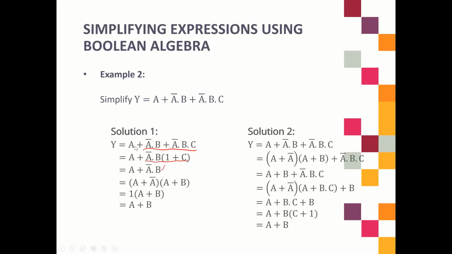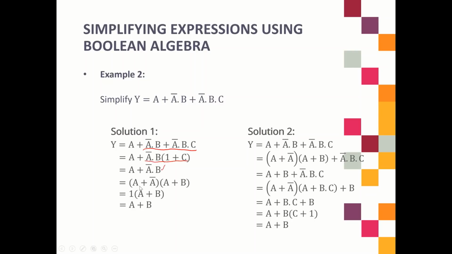Okay? So for A, you just drop the value of A, because it is not included in the process of factorizing.